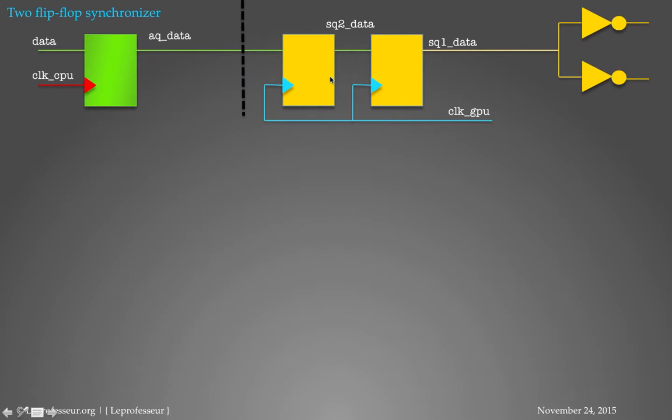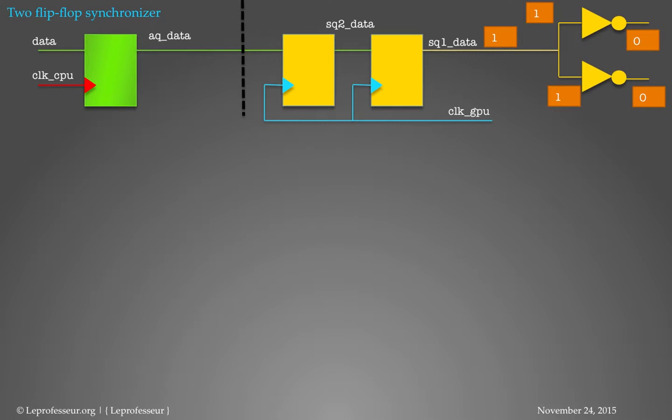By doing that, we made sure that the data is stable. One flip-flop is going to go into a metastable state, but not the other flip-flop. Now it depends on how fast the data is changing.